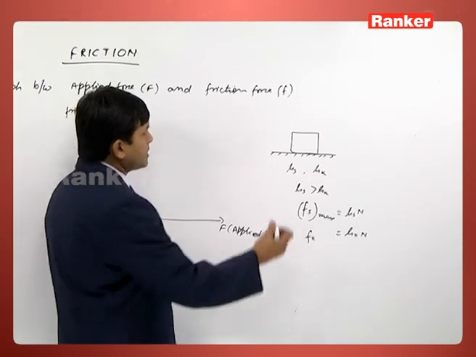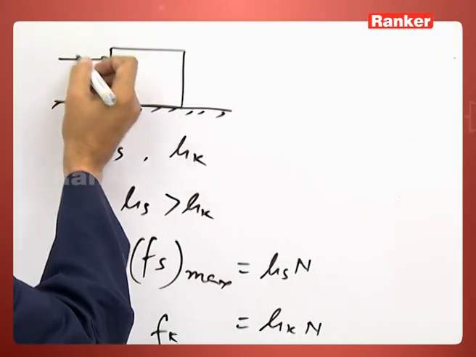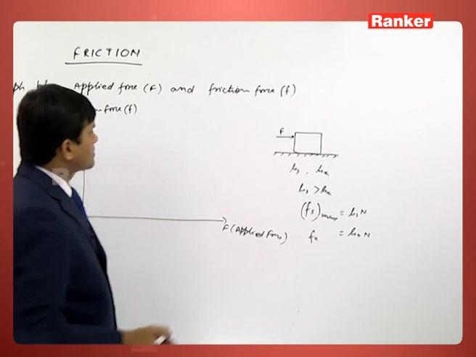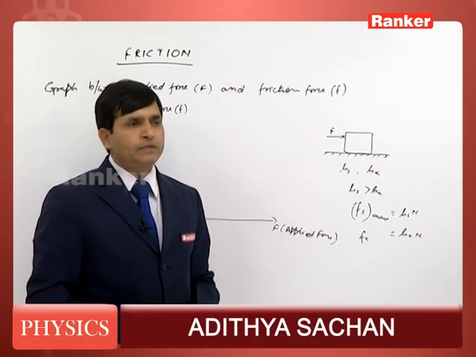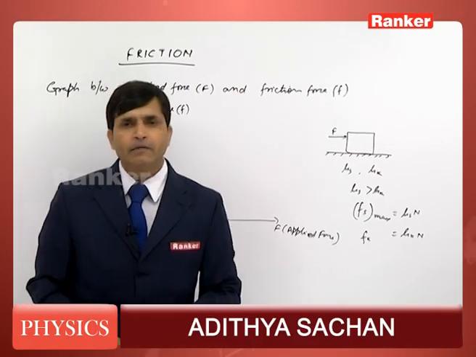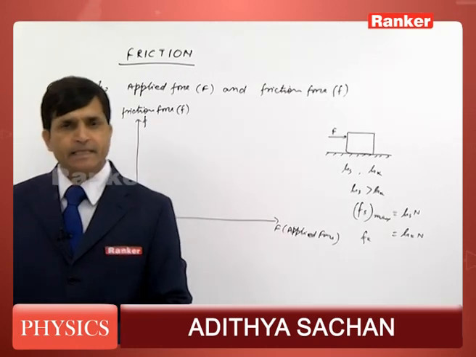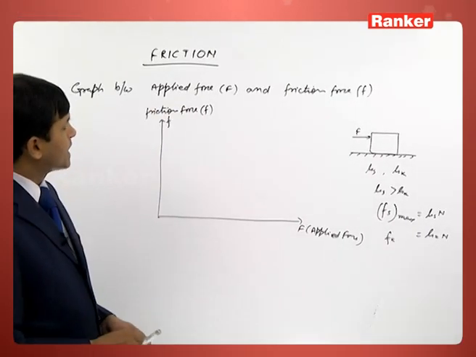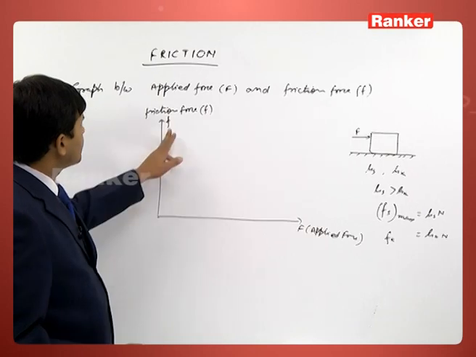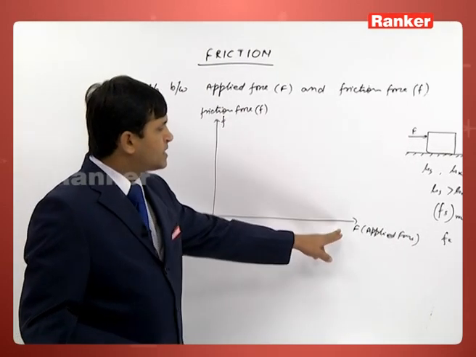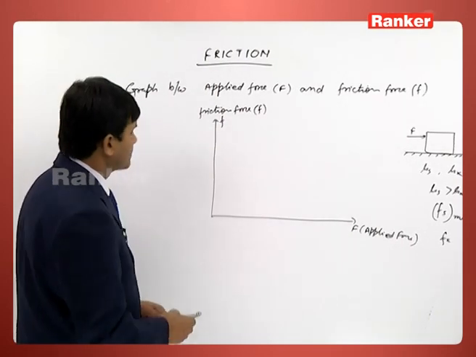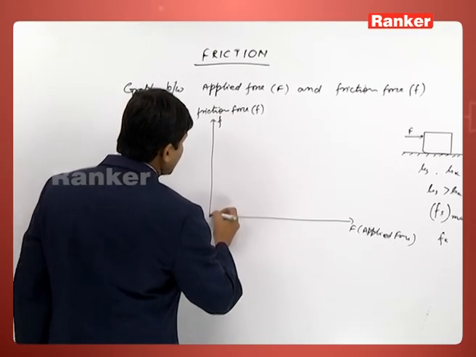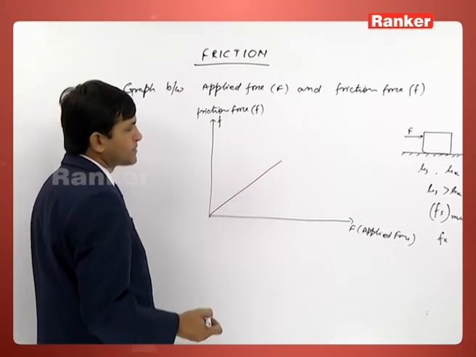Now, if we apply some force, that is called the applied force. What we have observed is that as long as the body is at rest, the friction force is always equal to the applied force. So now the graph will start like this.